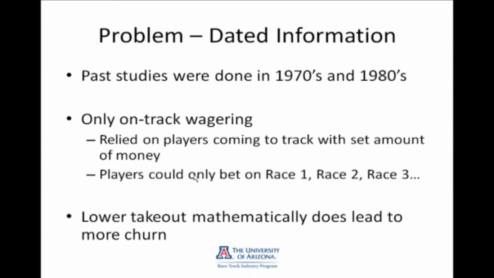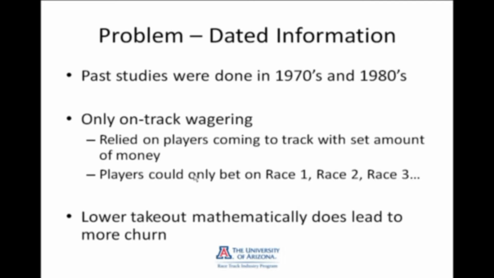The problem, though, is that all the information on this is very dated. The biggest paper on this was from 1976. There were several other papers done in the 70s and early to mid 80s. The problem with those is that they were relying on track wagering only, because that was the way pari-mutuel wagering was done. Now, this relies on a couple of basic principles. All the players that come to the racetrack on that day bring a set amount of money.